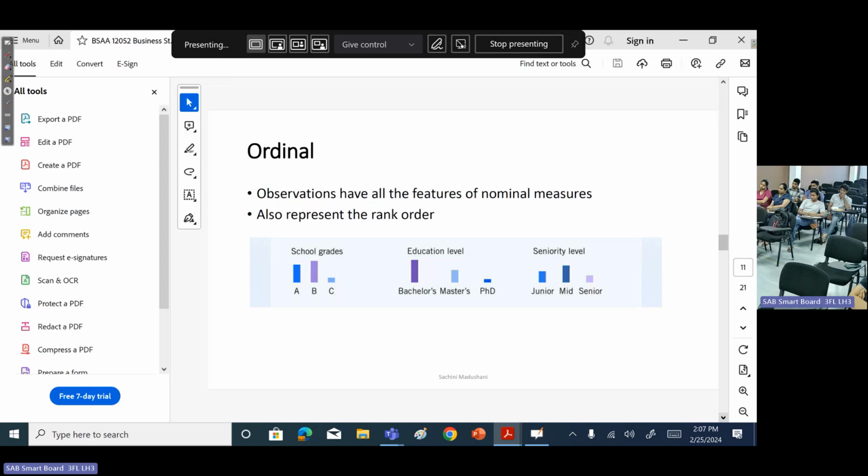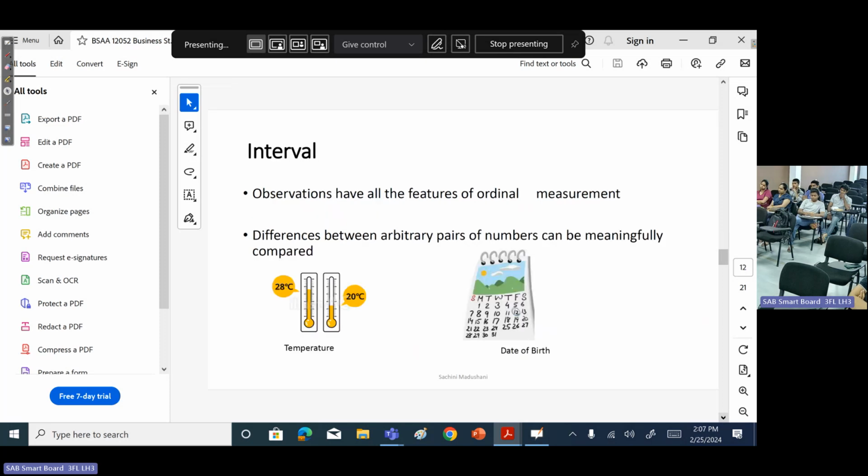Understood? Then moving to the third category, interval measurement. Interval measurement has all the features of the ordinal. What are the ordinal features?